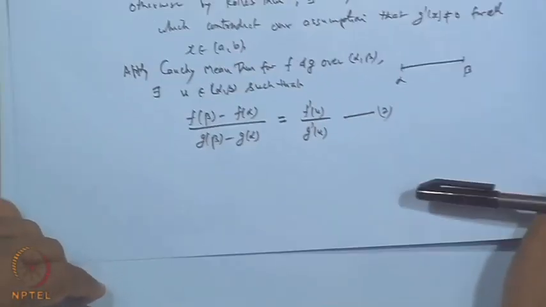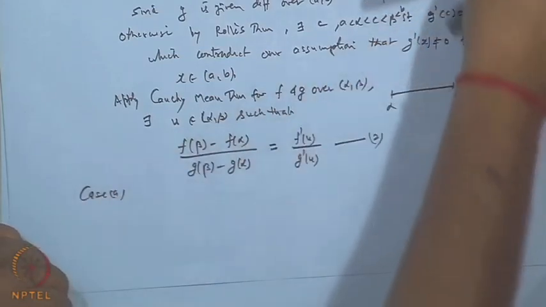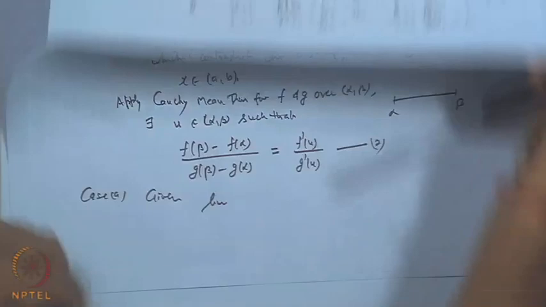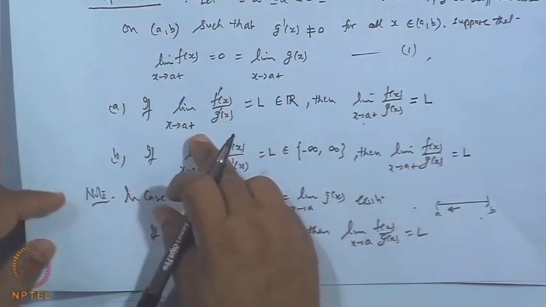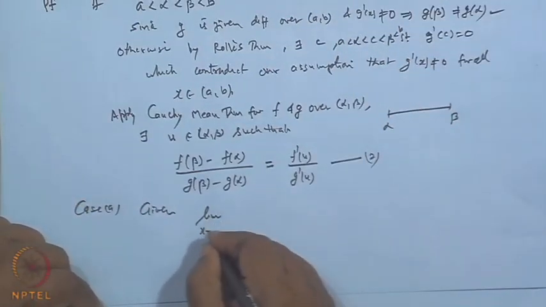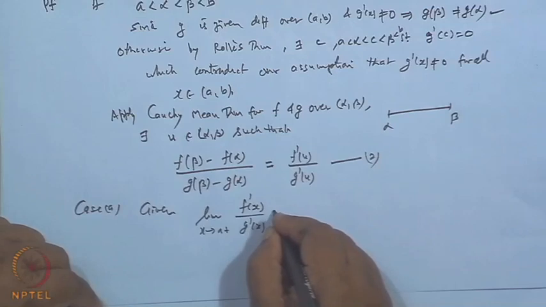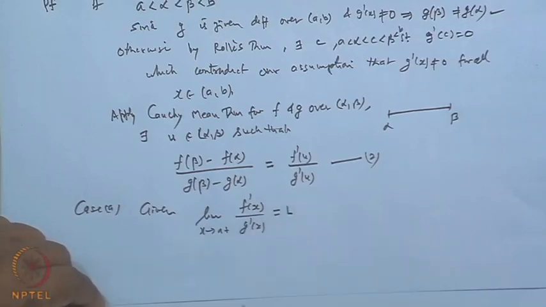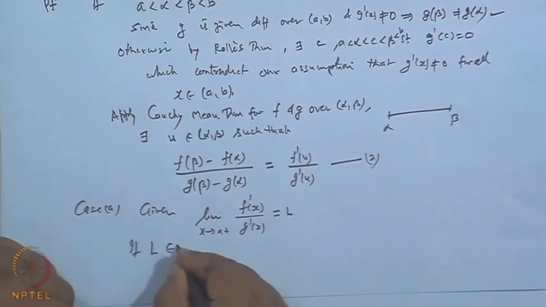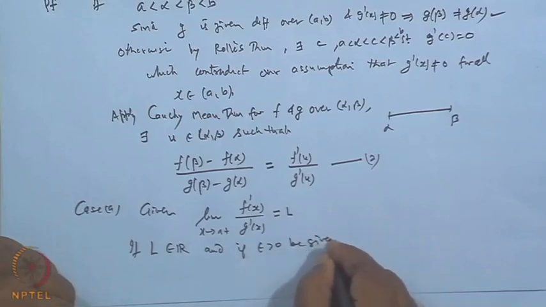Now, let us take case 1. It is given that the limit of f prime over g prime as x tends to a from the right hand side is L. So, given the limit as x tends to a plus of the ratio of derivatives is L. Let L be a real number, and let epsilon greater than 0 be given as some positive number.